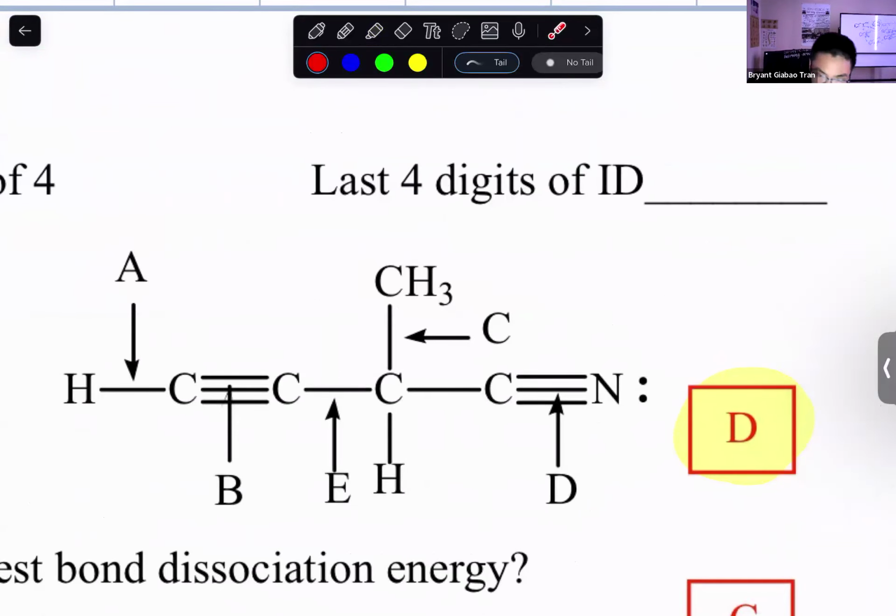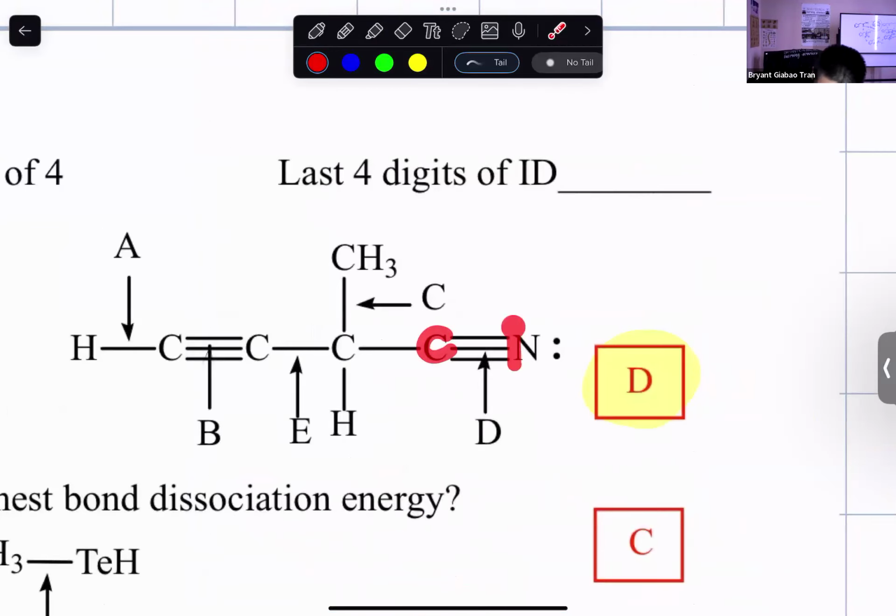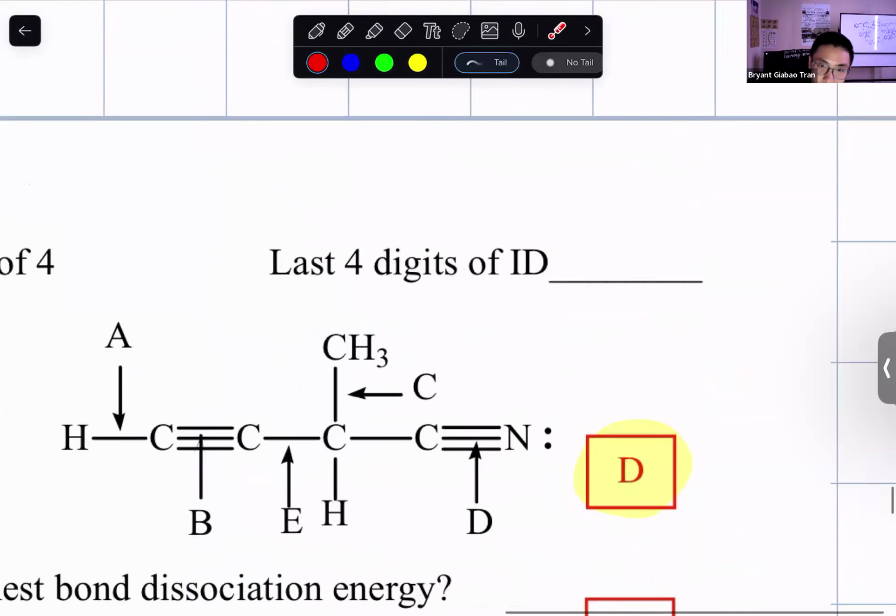I saw that this sigma bond was between carbon and nitrogen, which is more electronegative than carbon. And because nitrogen is more electronegative than carbon, nitrogen is going to pull electrons towards itself, right?